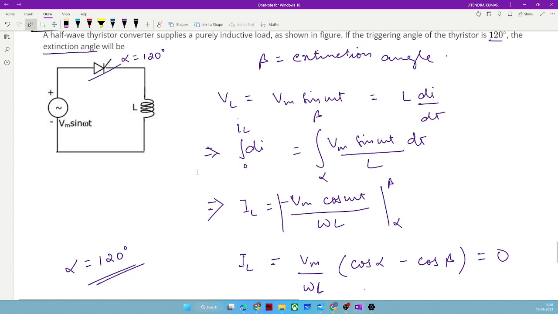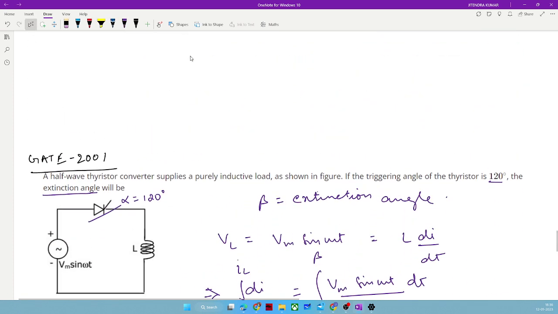And what I explained in layman terms is that since it was getting triggered at 120 degrees, for whatever period it is getting charged, let's assume this middle point is 180 degrees. So it was getting charged for 60 degrees.